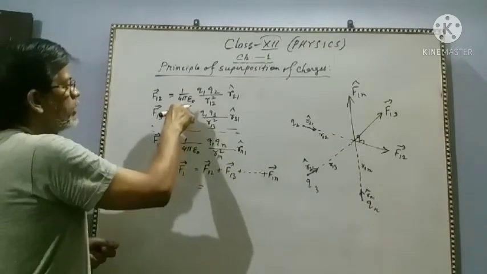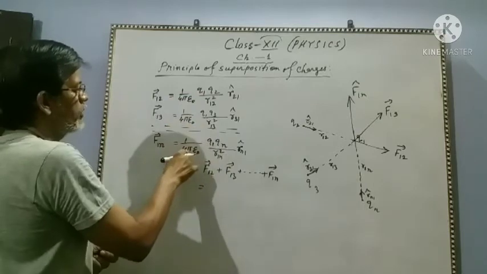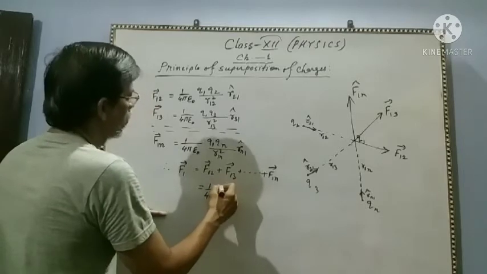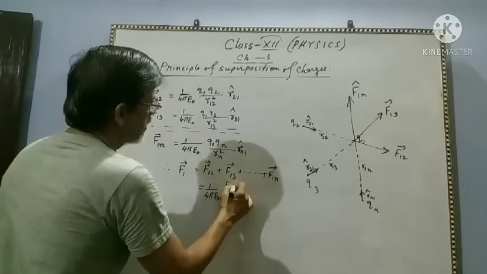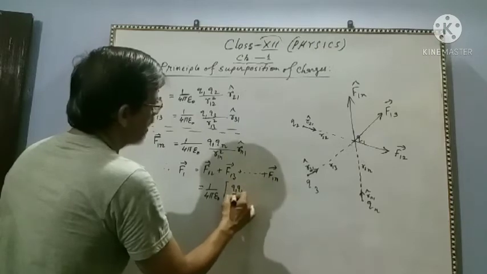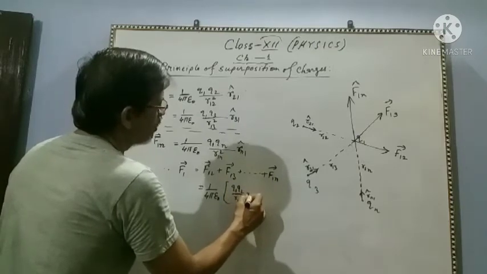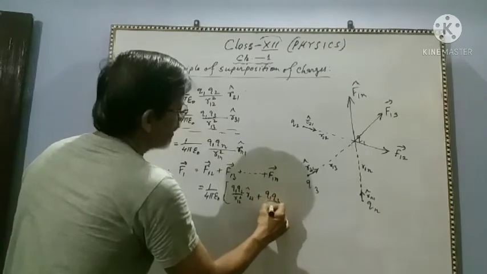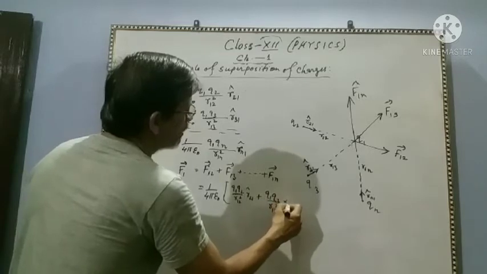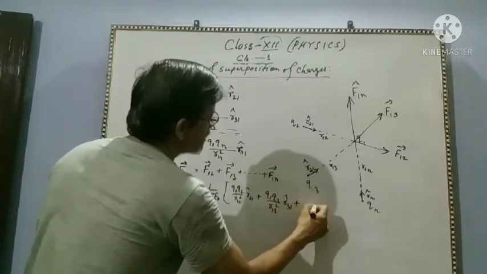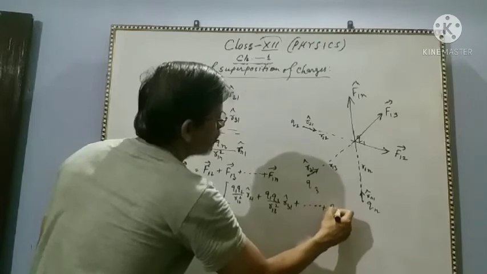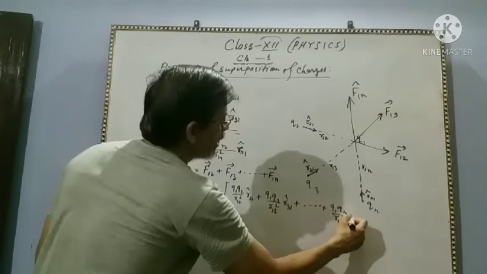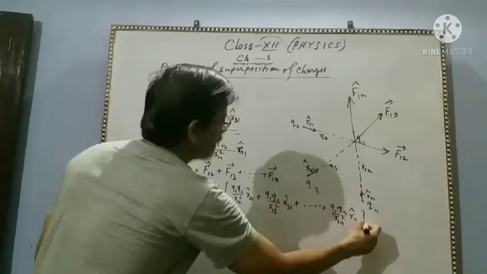When you put, you will get 1 by 4 pi epsilon naught in each term, so take it common. So what we are getting? Q1 Q2 by R12 square R21 cap plus Q1 Q3 by R13 square R31 cap plus Q1 Qn by R1n square Rn1 cap.